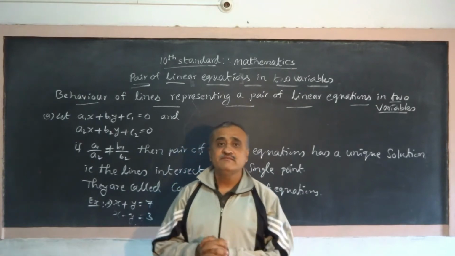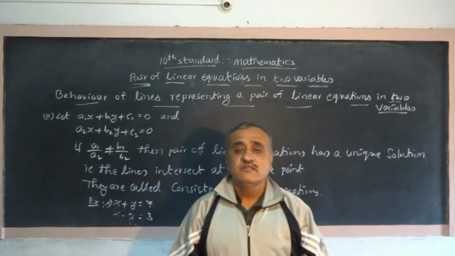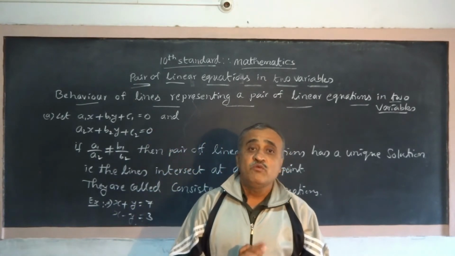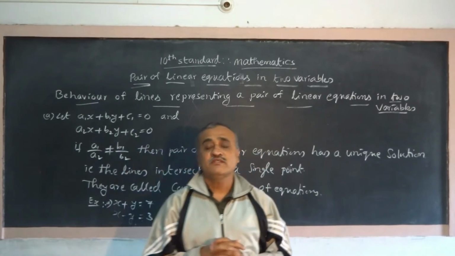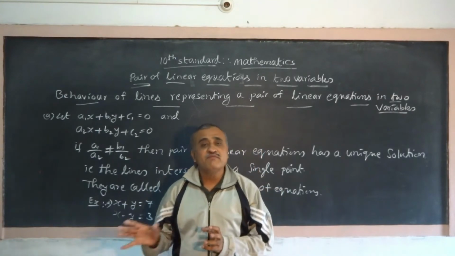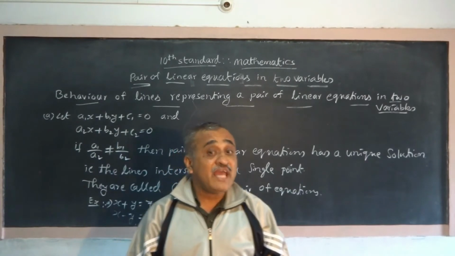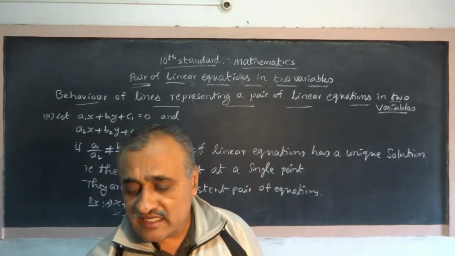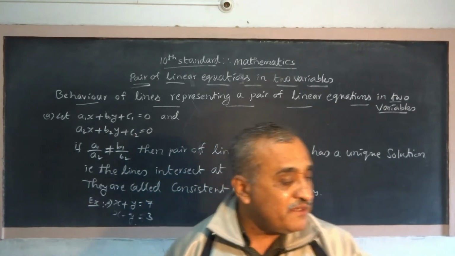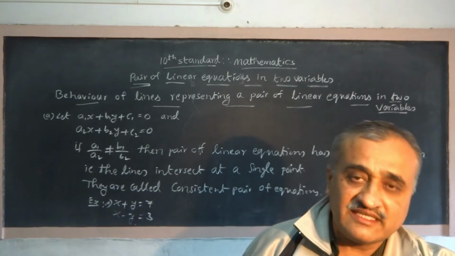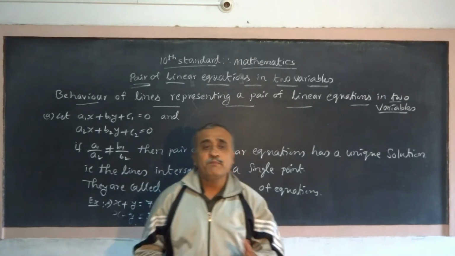And at the end of the lesson, we learned what consistent pairs of linear equations, inconsistent pairs of linear equations, and coincident lines are. Now we shall continue from the same point.